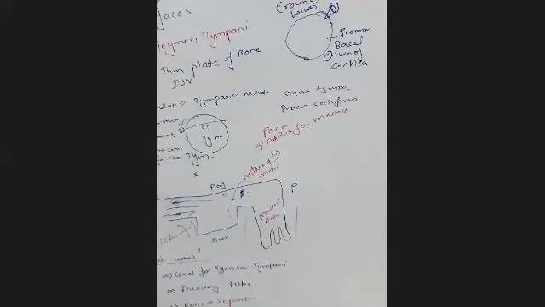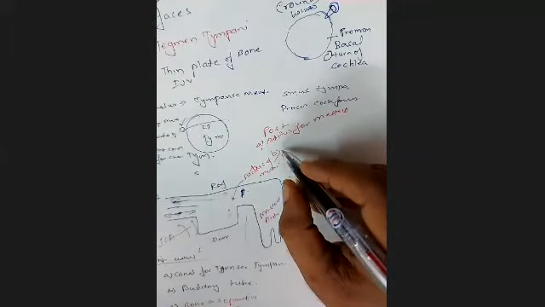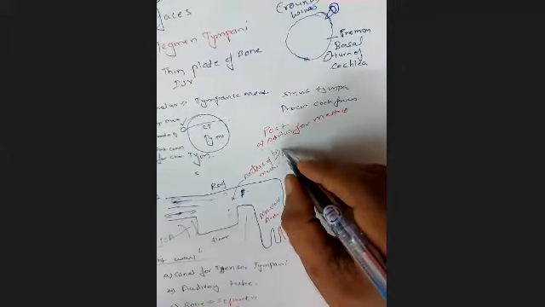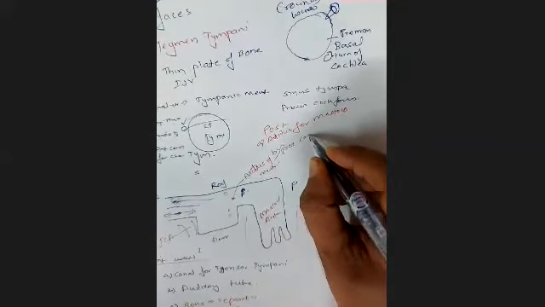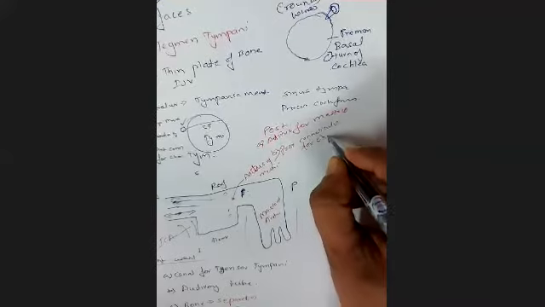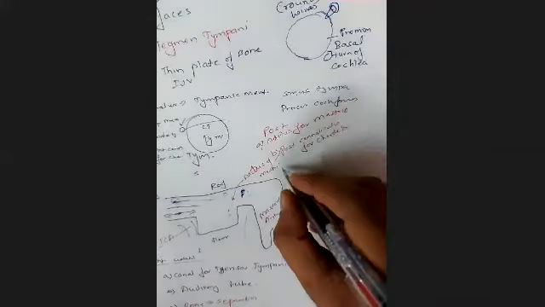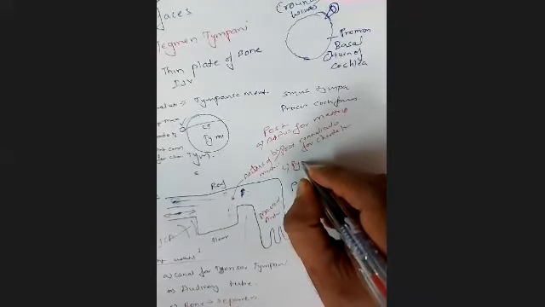Our B will be the posterior canaliculus for chorda tympani. And our C will be a structure called as pyramid.